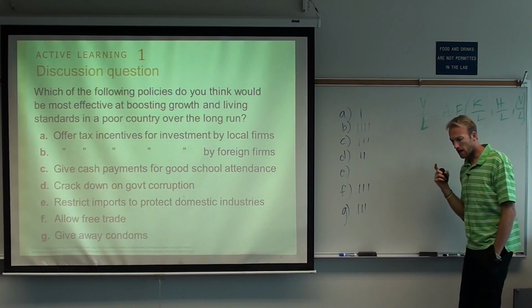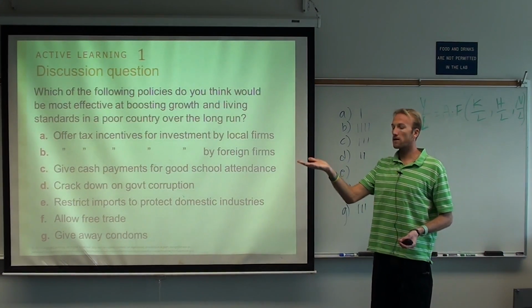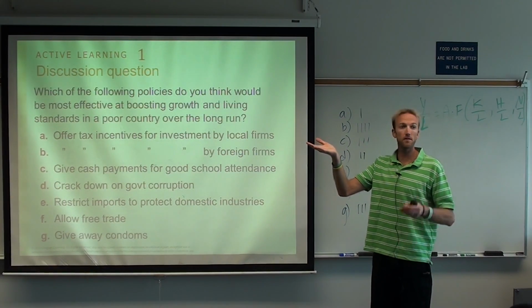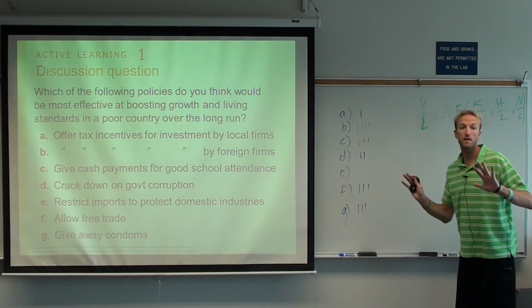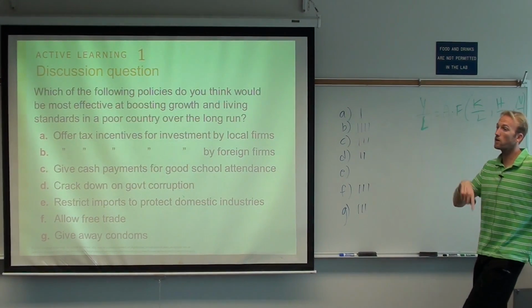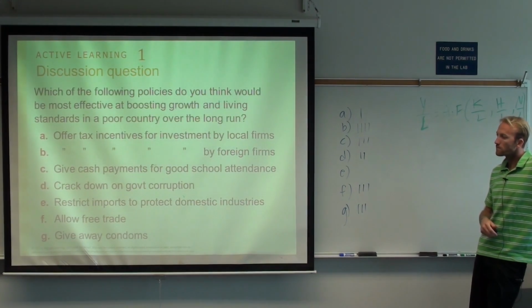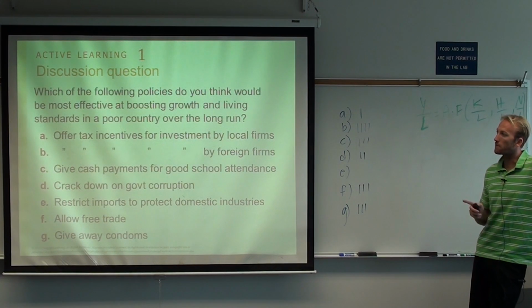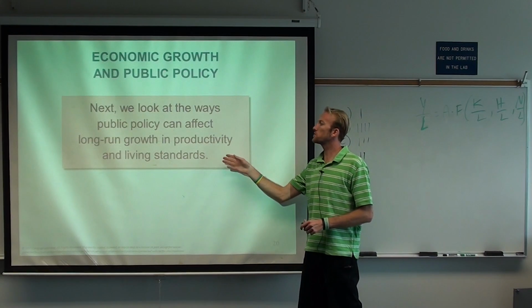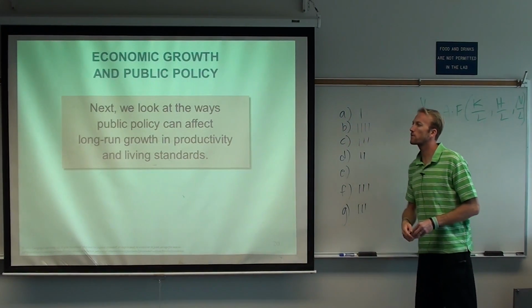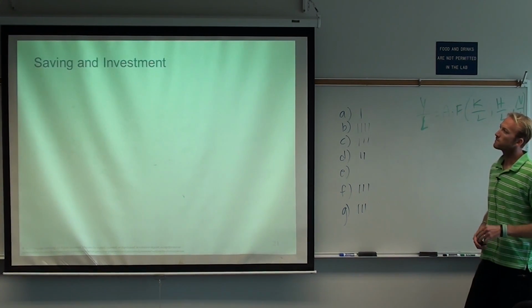I think most economists notice a correlation between as countries become wealthier and wealthier, they start having fewer and fewer children. Okay, it is just a correlation, though. It's not a causation. It's not known whether lowering your fertility rate actually changes the level of per capita production. Okay, so let's go ahead and look at all of these ways individually and talk about how they can affect long-run growth in productivity and long-run growth in living standards.